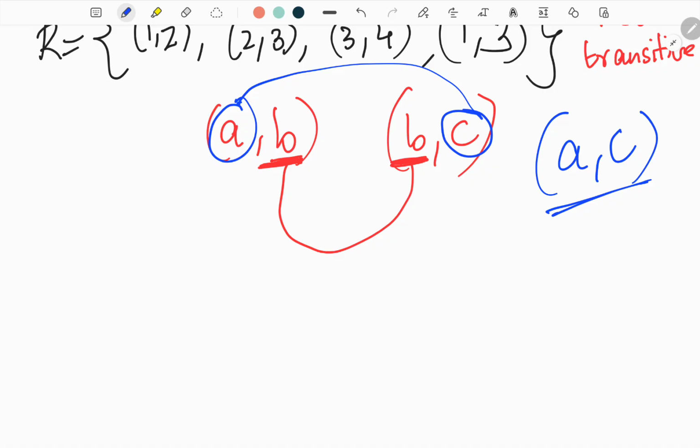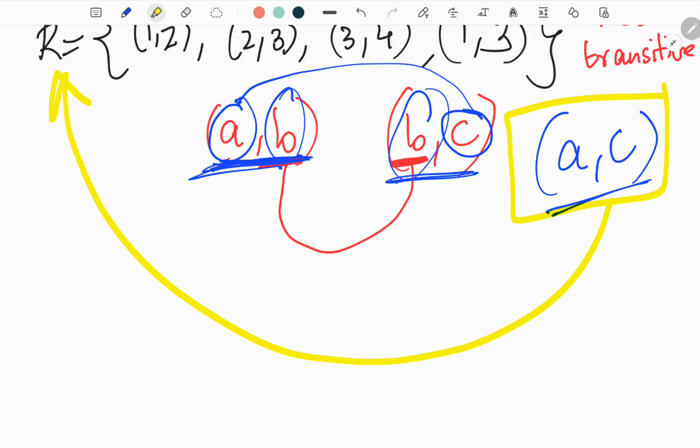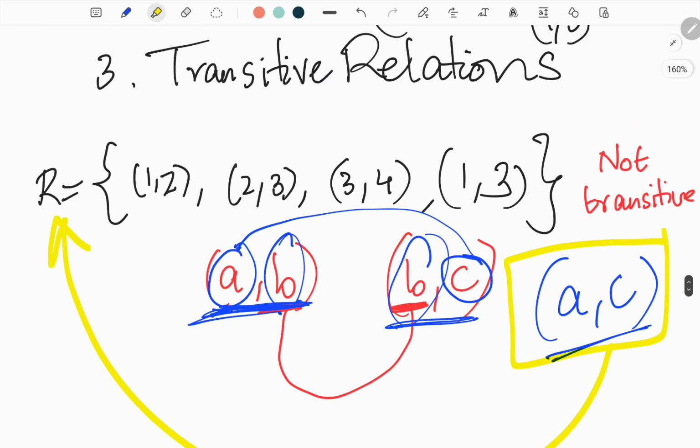This is known as the transitive pair of AB and BC. So if there is a number which is acting as a pre-image and an image, then you have to connect the pre-image of the element where it is acting as an image and the image of the element where the number is acting as a pre-image, and you will be getting an ordered pair A, C. This ordered pair should exist in this relation if you want to consider it to be transitive.